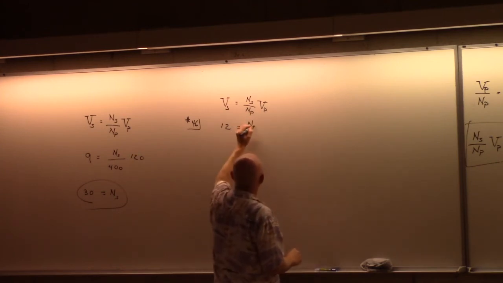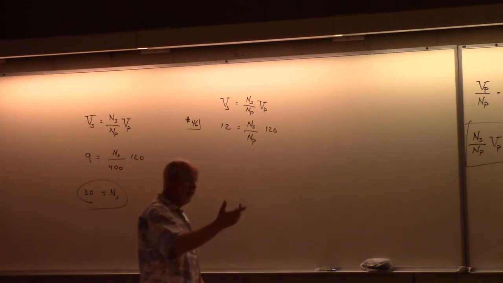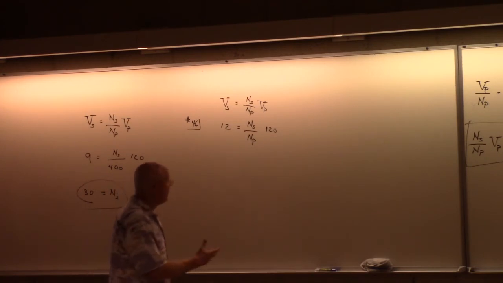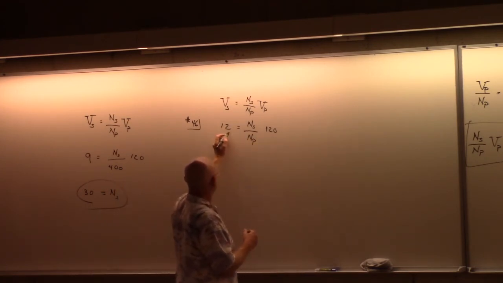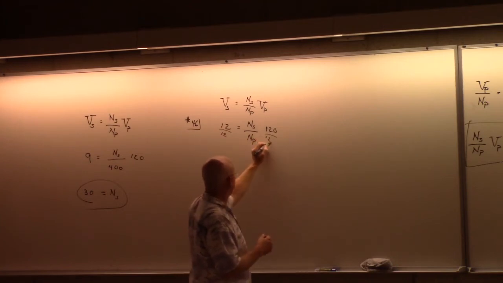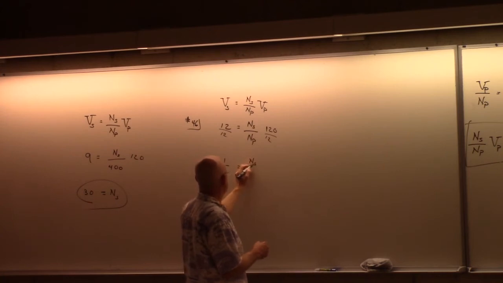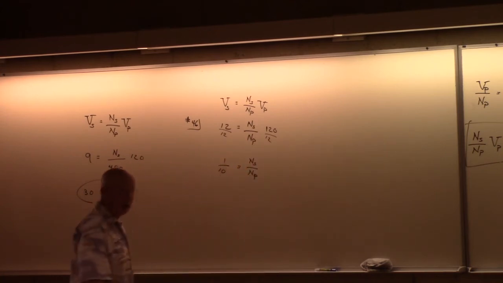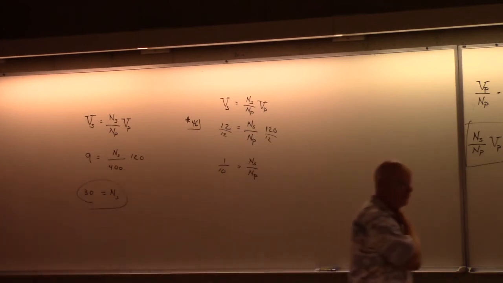They don't directly tell me the number of turns in secondary or primary, but they do tell me the voltages. And they gave me a nice easy number to work with, because if I divide both sides by 12, I get a 10. So 1/10 is the number of turns in the secondary compared to the number of turns in the primary. So again, it's a step down transformer.